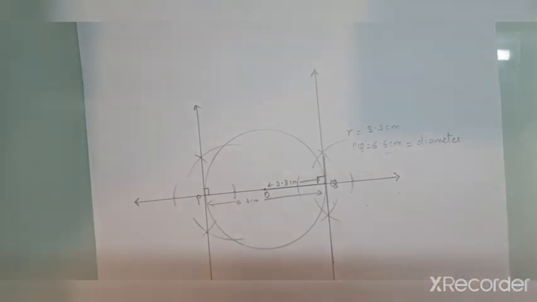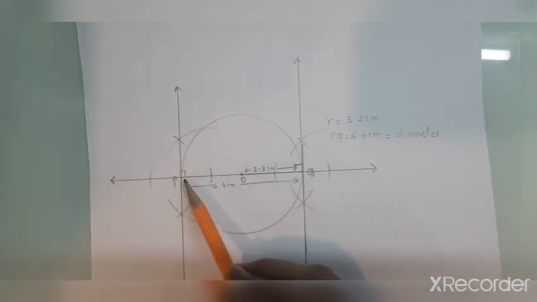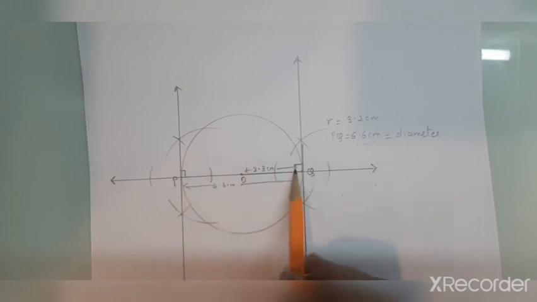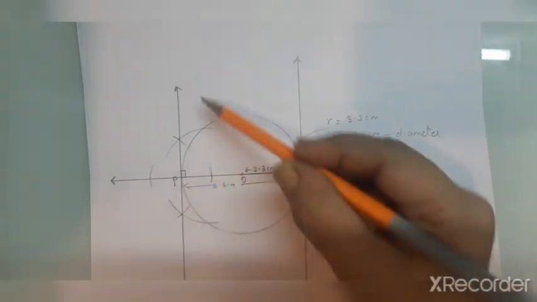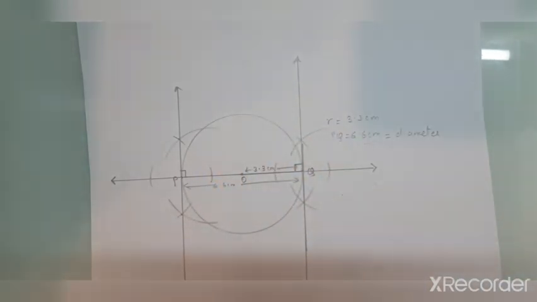Okay. Or the other thing is, you can see that these two angles are 90 degrees. Okay, 90 plus 90 is 180. They form the interior angles. Okay, when the interior angles are supplementary, the lines are parallel.